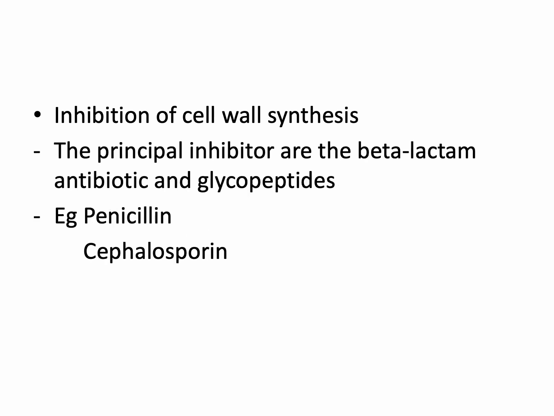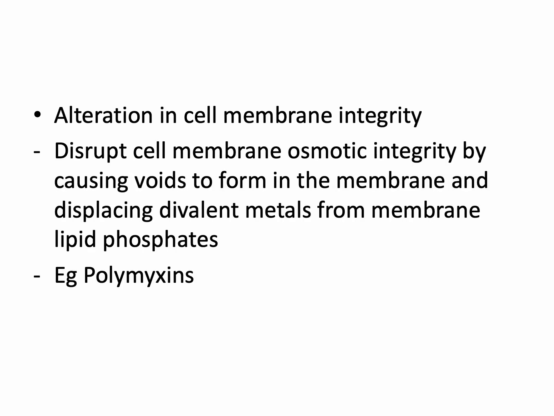Inhibition of cell wall synthesis: the principal inhibitors are the beta-lactam antibiotics and glycopeptides, for example, penicillin and cephalosporin. And the antibiotics which cause alteration in cell membrane integrity disrupt cell membrane osmotic integrity by causing voids to form in the membrane and displacing divalent metals from membrane lipid phosphate, for example, polymyxins.